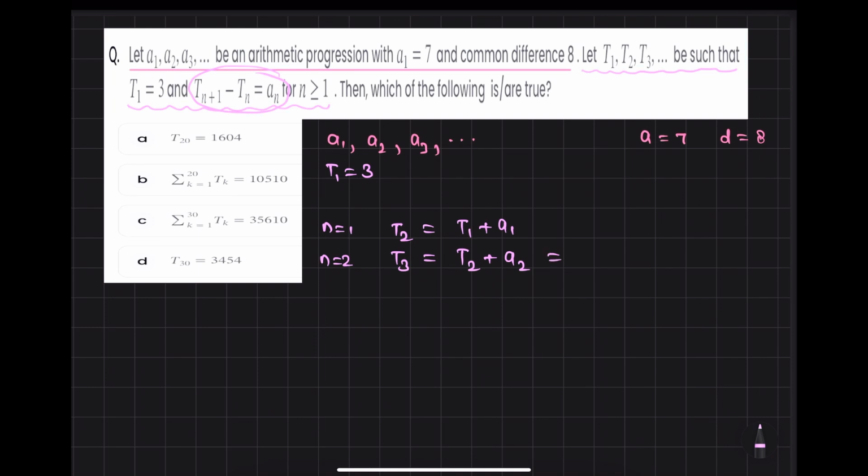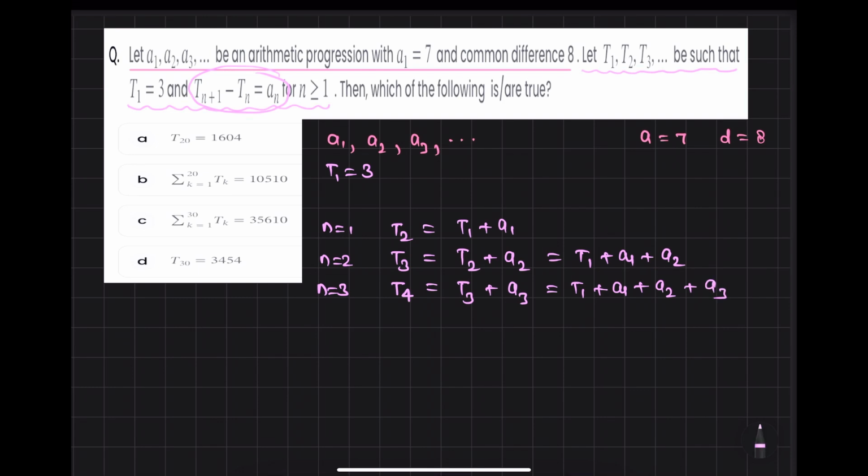Can I replace T2 with this, T1 plus A1, plus A2? Now suppose n is 3, so can I write T4 as T3 plus A3? Now you know that T3 is this, so can I write T1 plus A1 plus A2 plus A3?